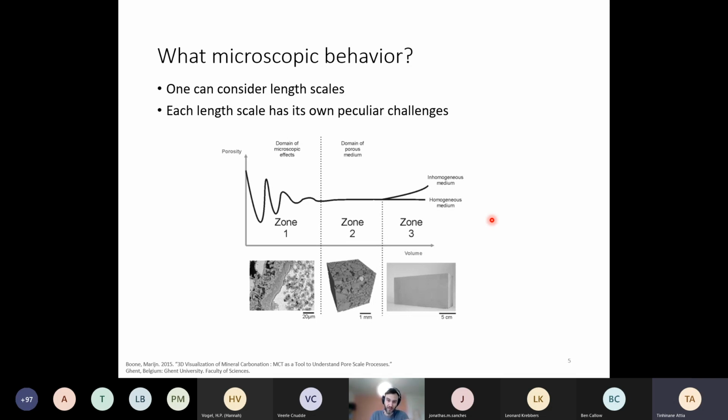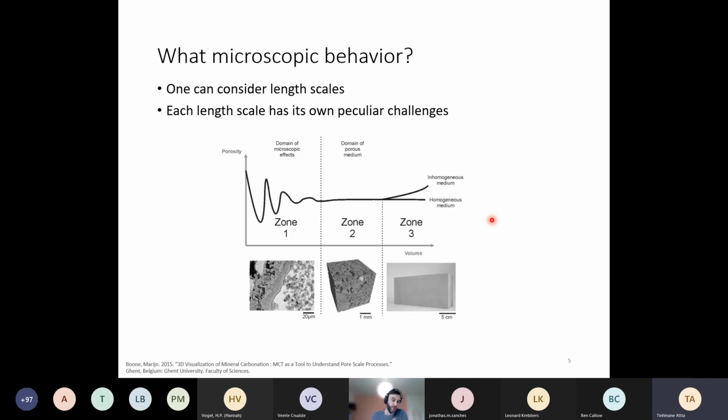If your sample is centimeters in size, then it's impossible to move it within millimeters of the X-ray source. And that is what is needed if you want to achieve a very high magnification. So you need to move it a sufficient distance away from your source. And that limits the magnification that you can achieve.